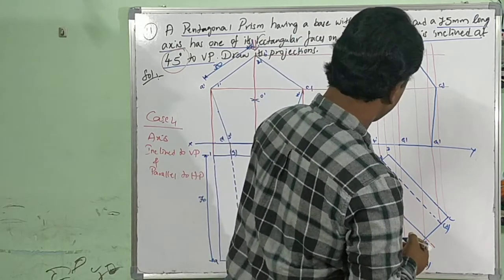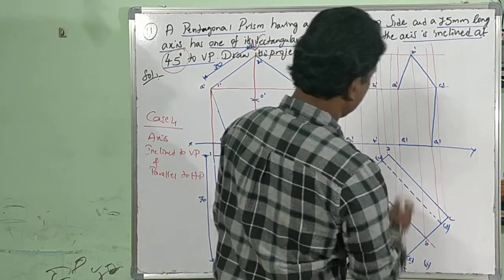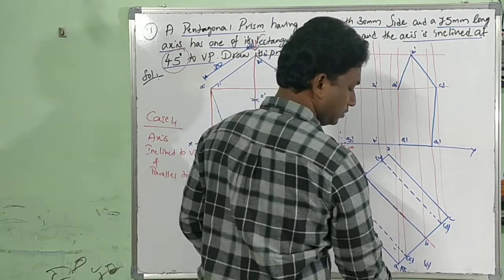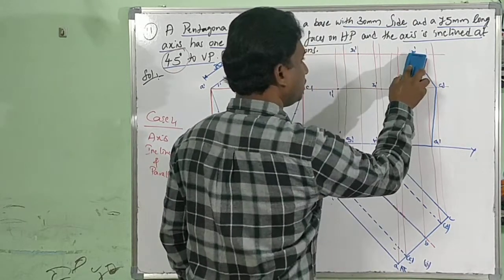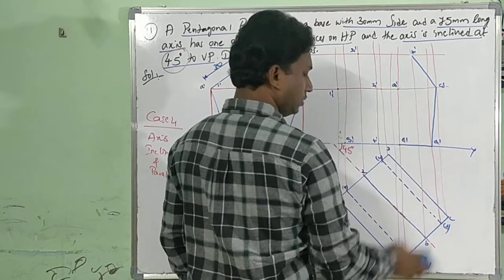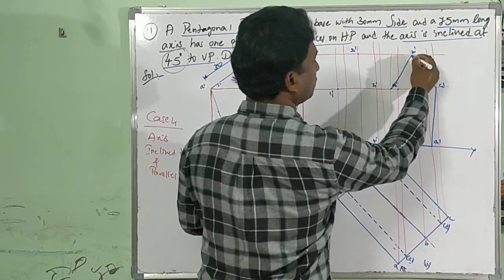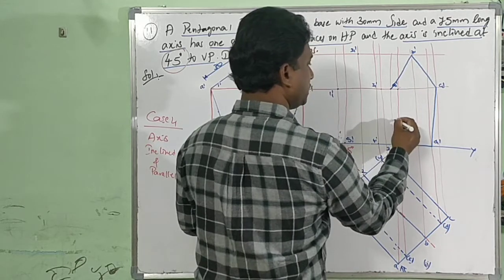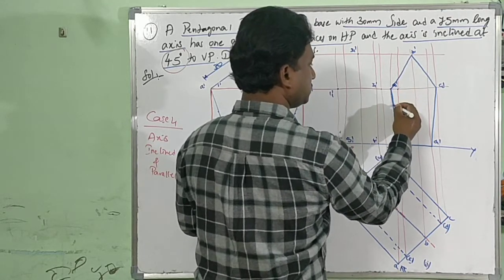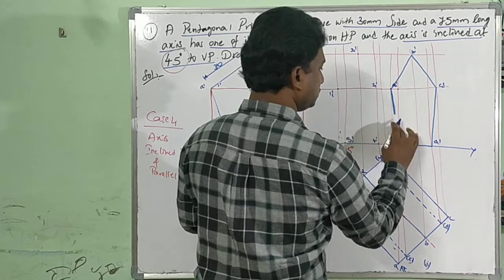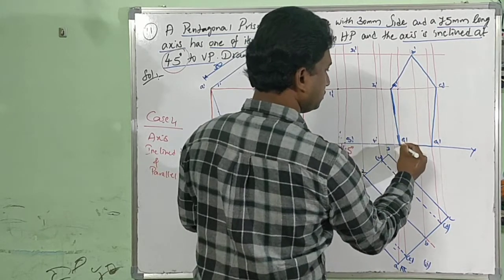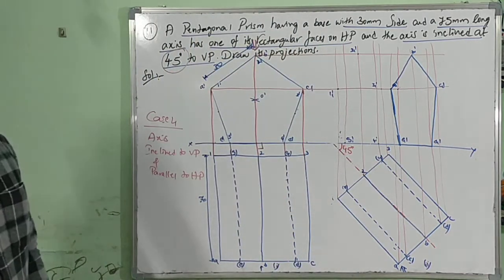I'm sorry, I have plotted A1 dash wrong. This is A1 dash. E1 dash, A1 dash. Pentagon shape.